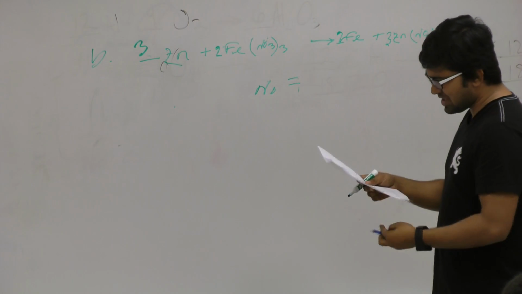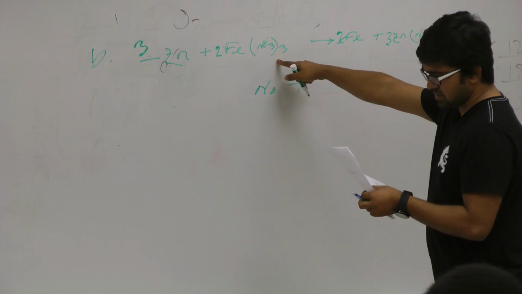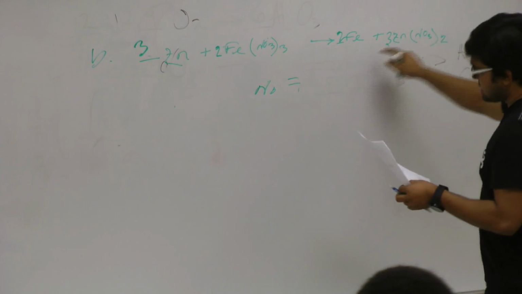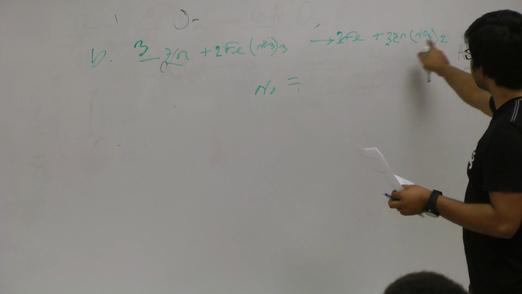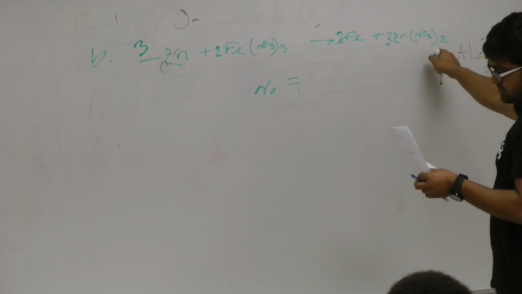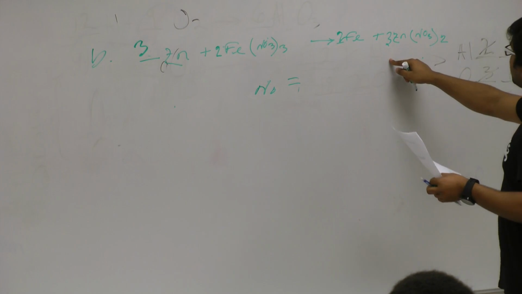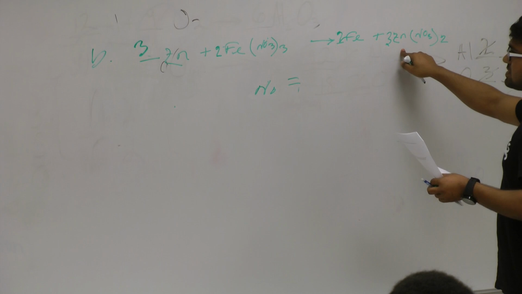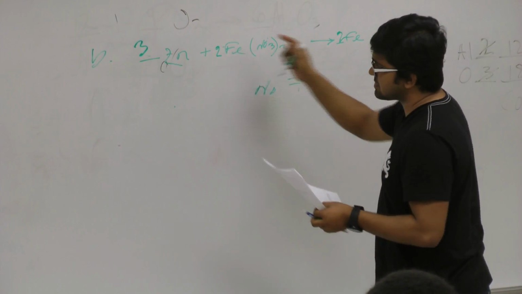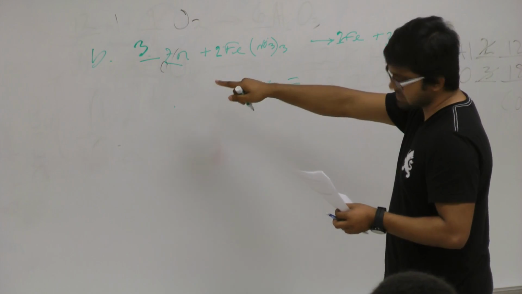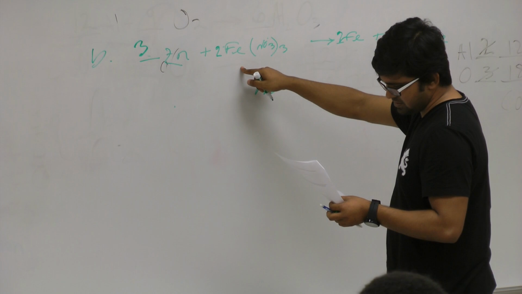I balanced out the biggest number first, which is NO. I took this part and this part to balance it out, make it equal, and I found that I have to increase 3 here, because I have only 1 on this side. Then I add 3 on this side, and then I have 2 iron, Fe.